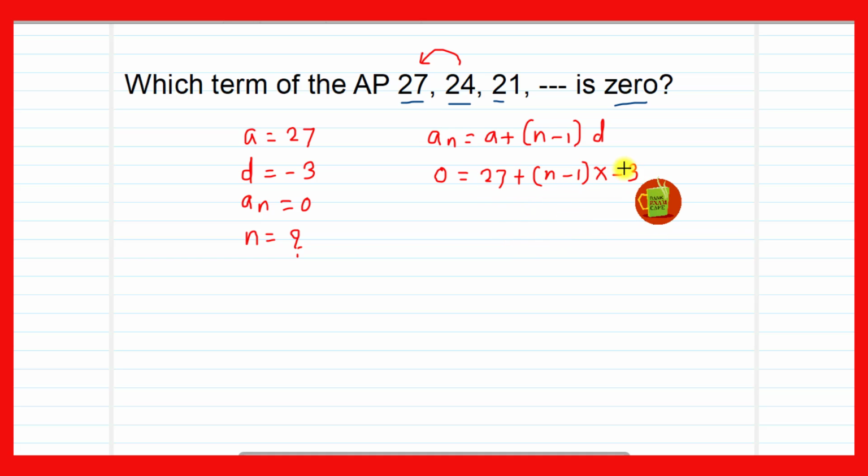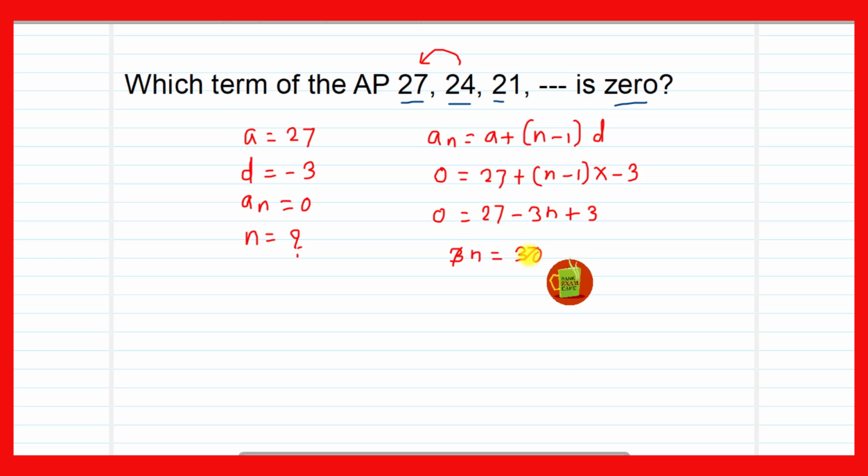Now solve this. Multiply by minus 3 inside the bracket. So 0 is equal to 27 minus 3 into n, that will be minus 3n. Then minus will be plus, and 3 ones are 3. So 27 plus 3, that will be 30. If you take 30 to the other side, that will be minus 30, and minus will be plus, and so 3n is equal to 30.